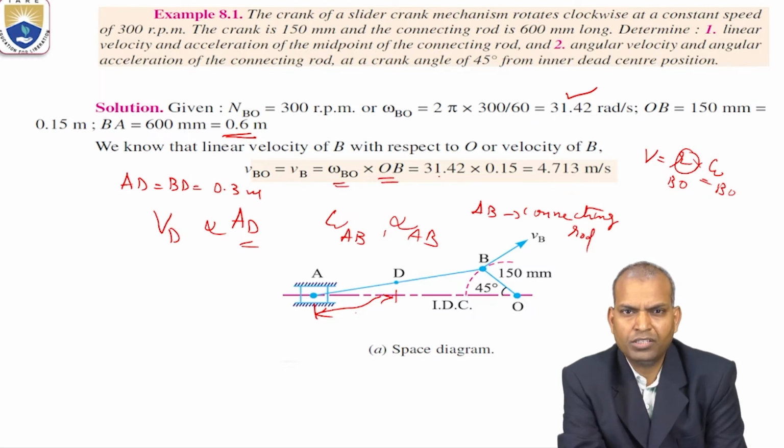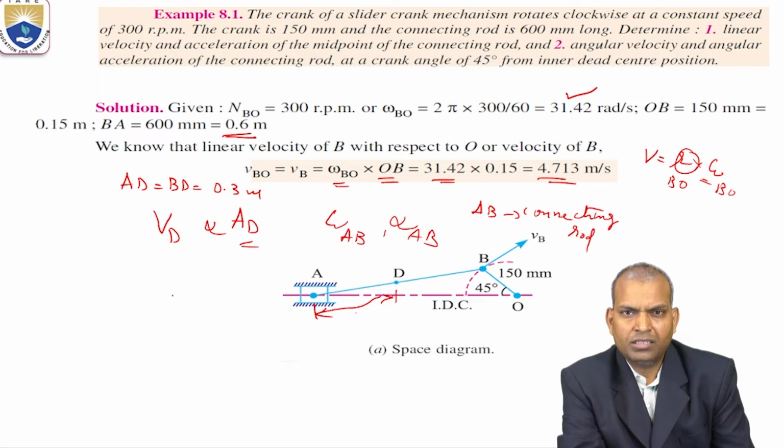Omega BO, the angular velocity of B, is 31.42 radians per second, and the length of link OB equals 0.15 meters. If you multiply, the product comes to 4.713 meters per second.